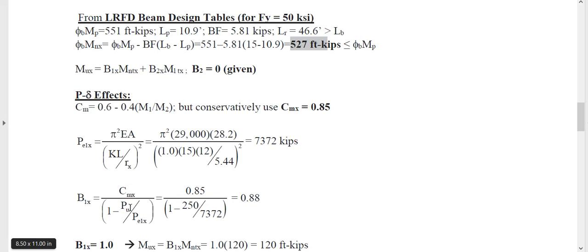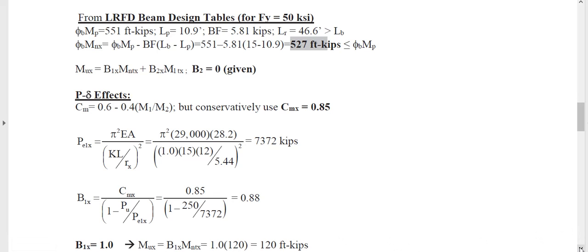Pu is the applied load, which is 250. This portion is the Euler buckling load about the x-axis. So they found this value, inserted it, and found B1x is 0.88. We cannot use less than 1, so B1x is 1. So whatever moment is given, that is the actual moment.